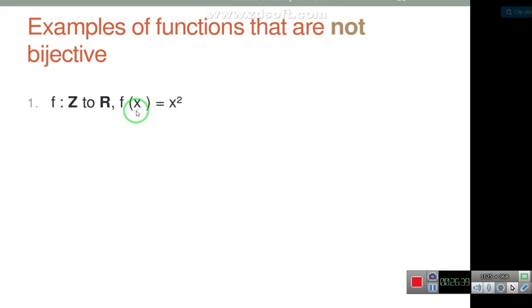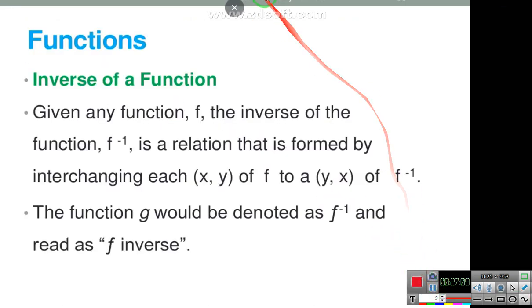If you put in values of x, all the values will be positive, so there will be no negative numbers, and it jumps 1, 4, then 9, because when you put x as 1, 2, 3, 4, 5, it jumps and the y values are not used. It will be one-to-one, but not onto, so it's not a bijection function.